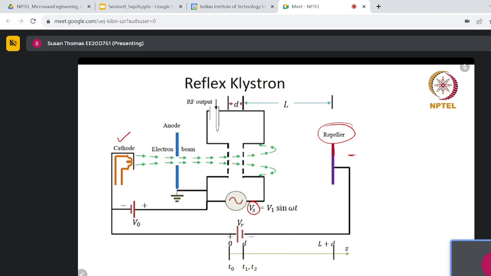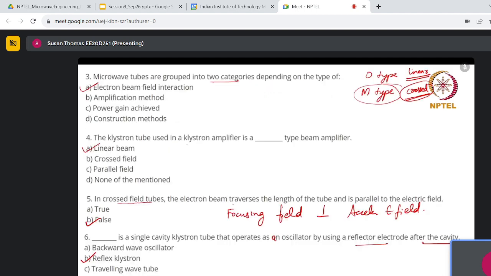This multiple movement gives a feedback, which in turn creates an oscillation, basically a high voltage oscillation. That is collected here as the RF output. So this is the rough structure of our reflex klystron.